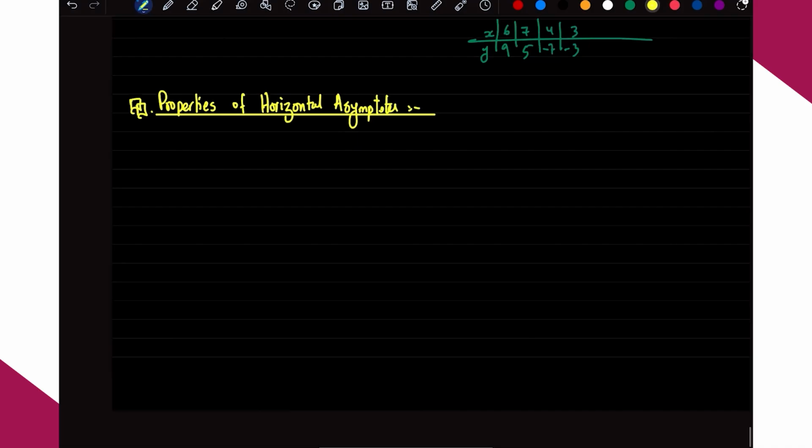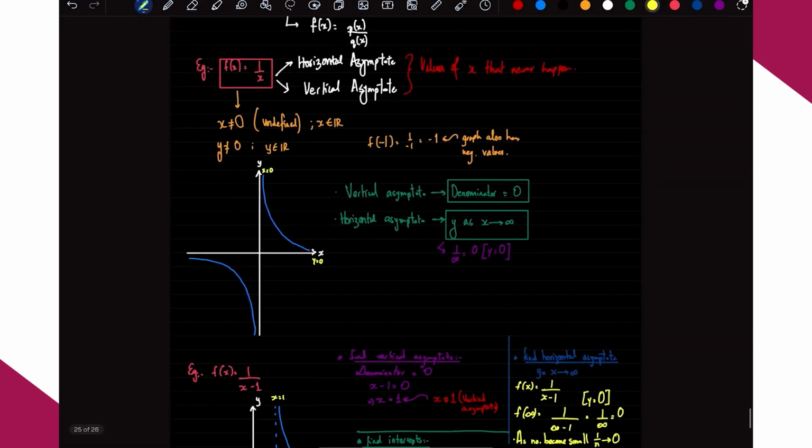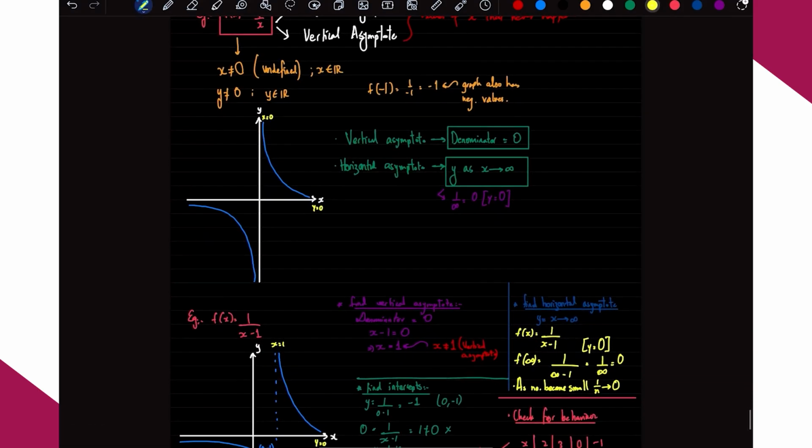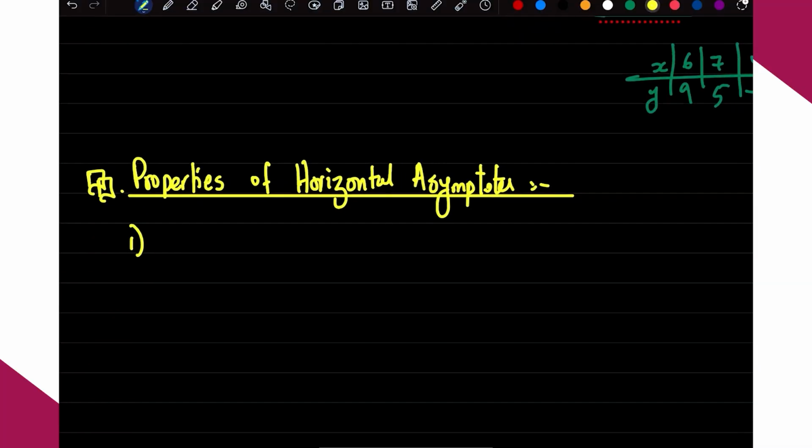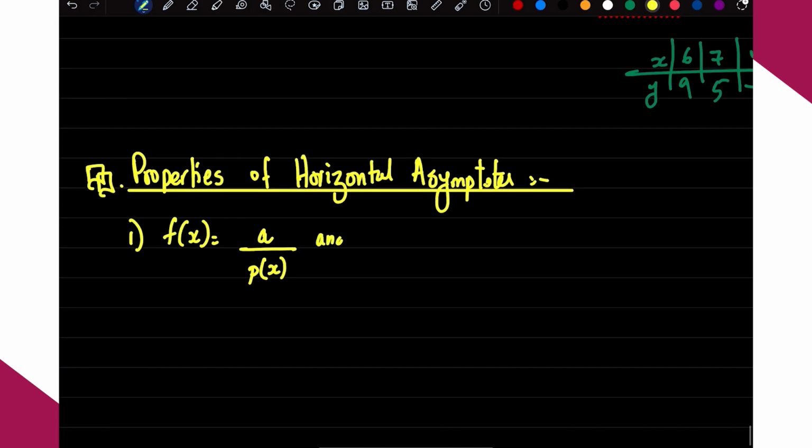So notice that if you have no variable on the top, the format is, in the first case, that f of x is any arbitrary constant divided by a polynomial. And note that f of x is a proper fraction.